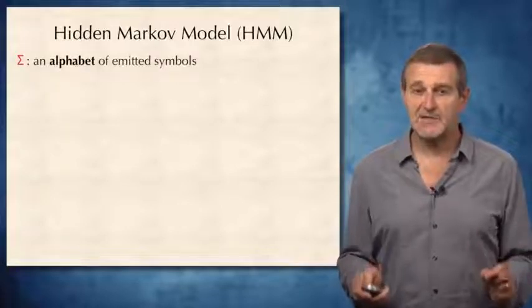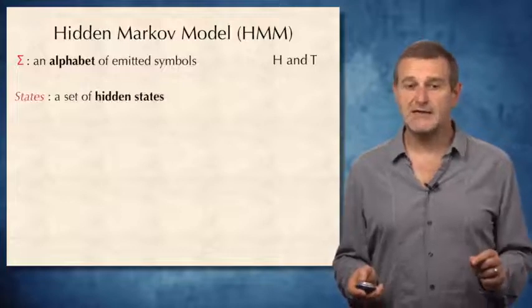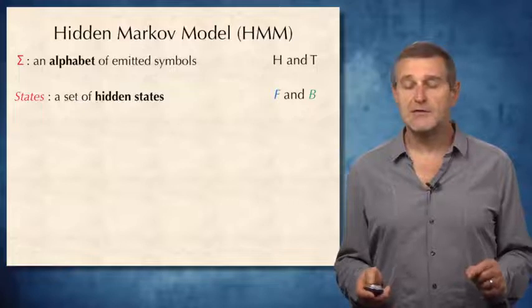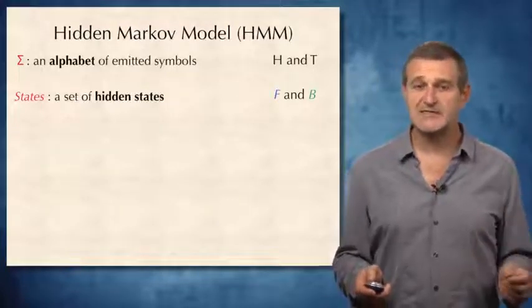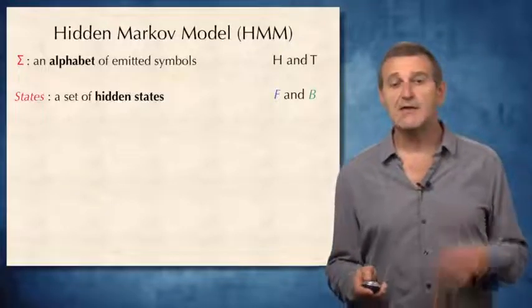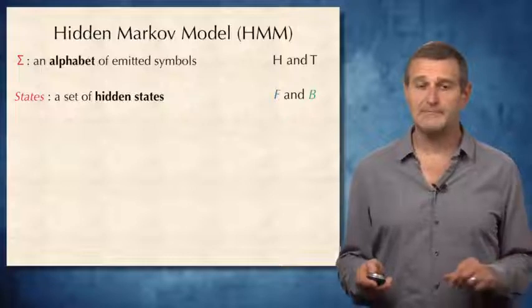First, an alphabet of emitted symbols. Second, a set of hidden states of the HMM. In the case of the Crooked Casino, the alphabet of emitted symbols will be heads or tails. The set of hidden states will be fair or biased coin.